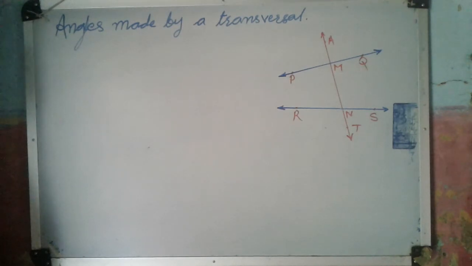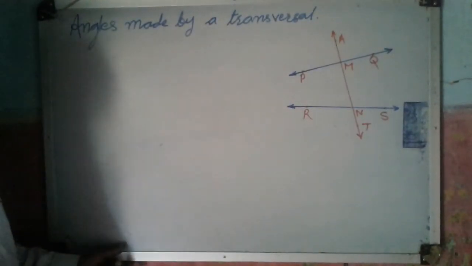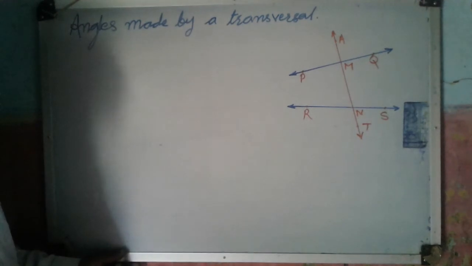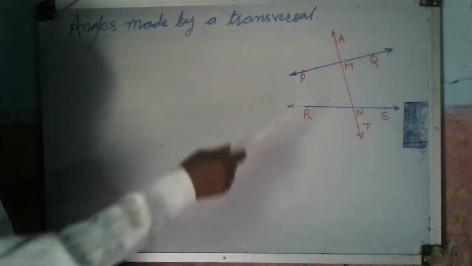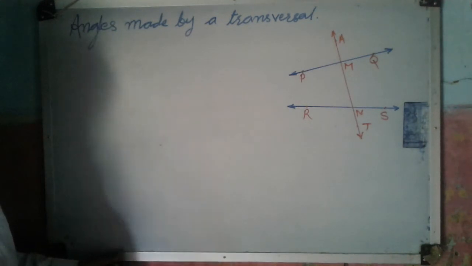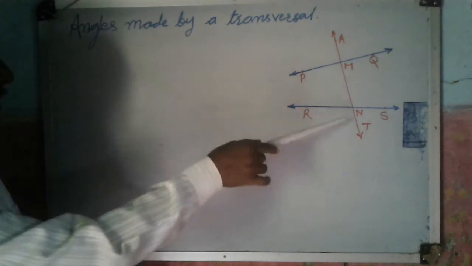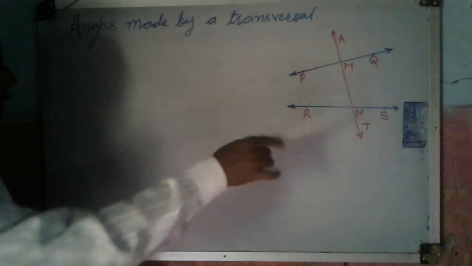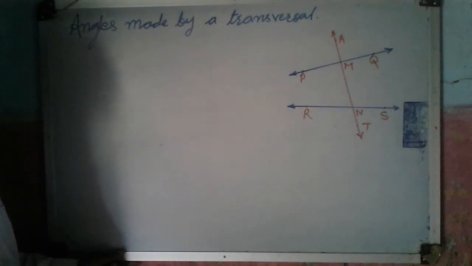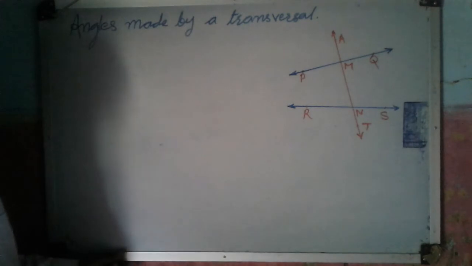Now we will see these groups of angles. So 8 angles are formed, and from these 8 angles, one arm of each angle is on the transversal, and the other arm is on one of the lines.